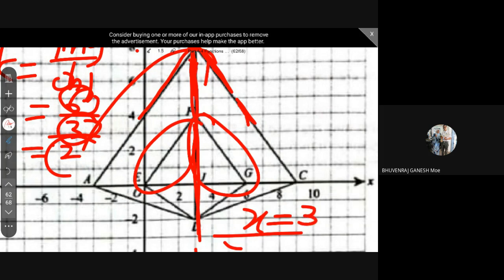Whenever you have a straight line, what is the gradient? Can you all tell me? A vertical straight line, what is the value of the gradient? Yeah, y2 minus y1. But what's the value if it's vertical like that? Parallel to the y-axis.